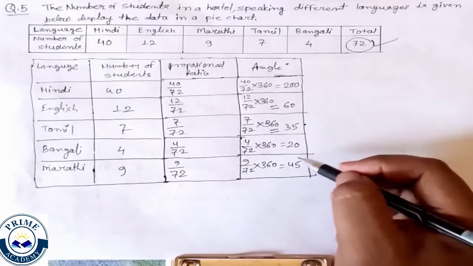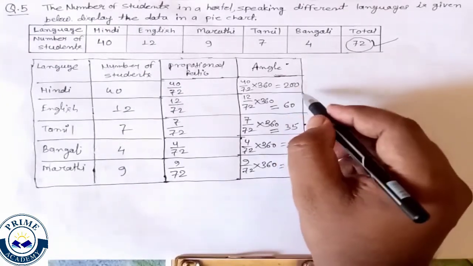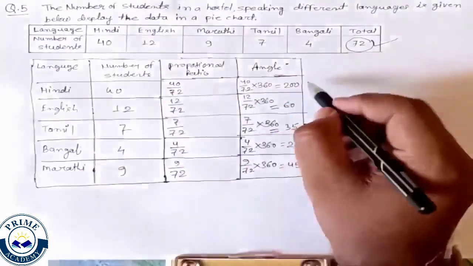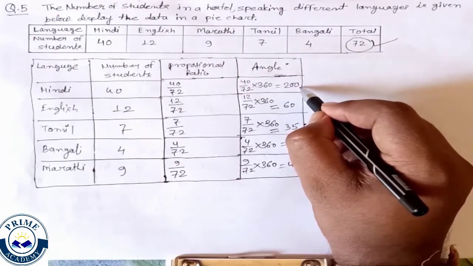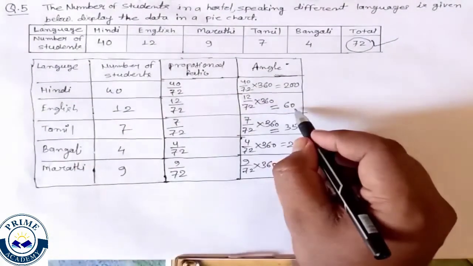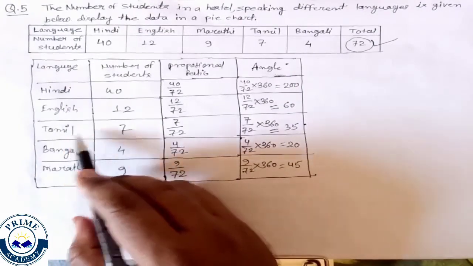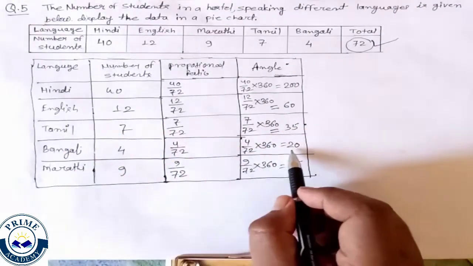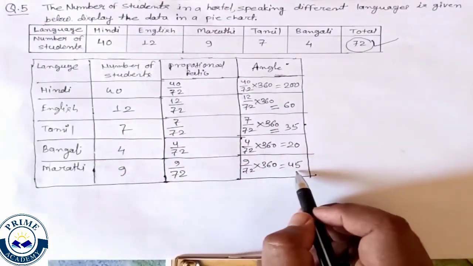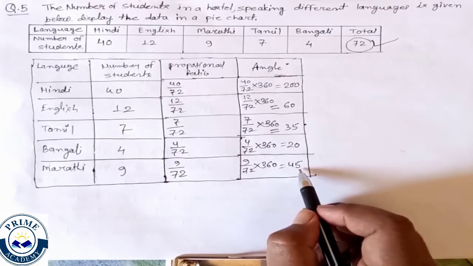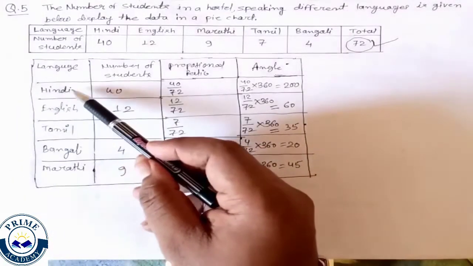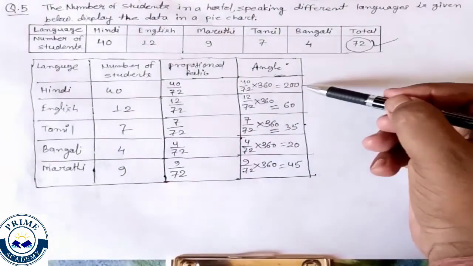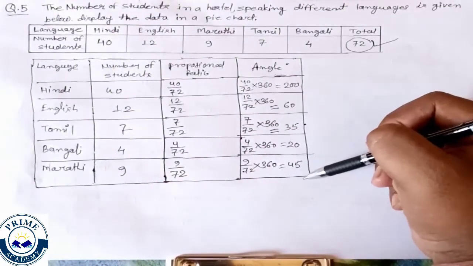So you have got different angle values. For Hindi it contains 200 degrees, for English it contains 60 degrees, for Tamil it contains 35, for Bengali it contains 20, for Marathi it contains 45 degrees. So various languages subtend various angles for the pie chart.